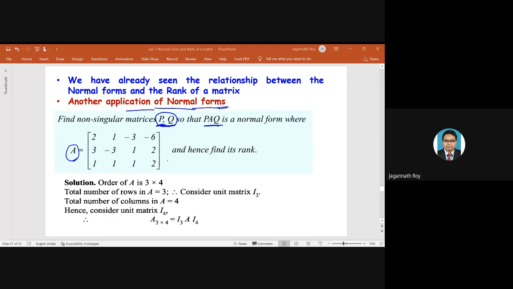He is asking whether it is a column reduced form of the matrix. No, we cannot say it is column reduced. If you do only column operations, then you can say column reduced form. Because we are doing row and column operations sequentially, one after another, we cannot say column reduced form.